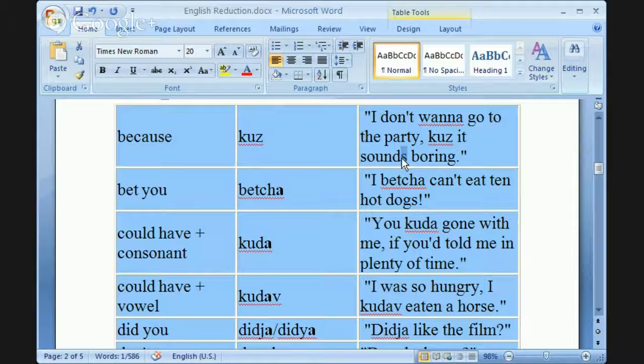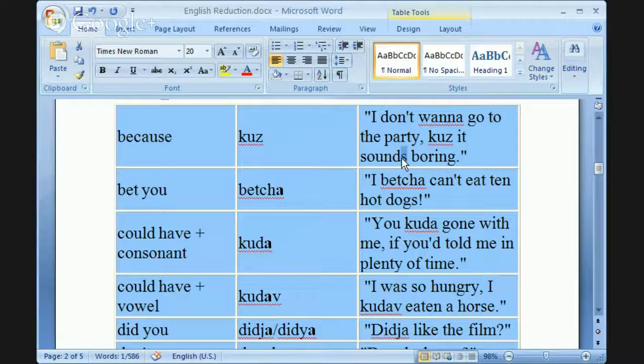On the other hand, when I have auxiliary verbs to create, for example, a progressive or continuous tense, I am boring, of course we're going to reduce the auxiliary or helper verb, the am. I'm boring. Walter is going to eat 10 hot dogs.